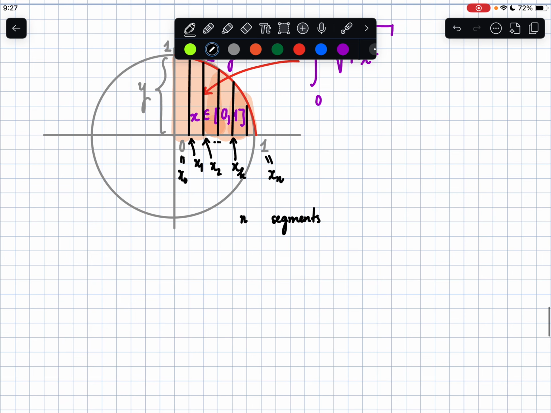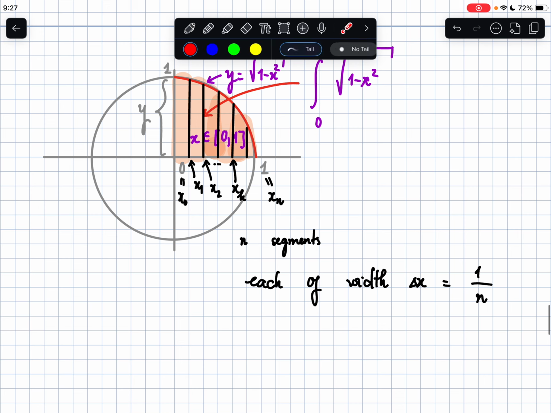Each has width delta x. Delta x is 1 minus 0 divided by n, which is 1 over n. Now we have the width of the rectangle. We compute the height of the rectangle. We highlight one rectangle here. xk is here.